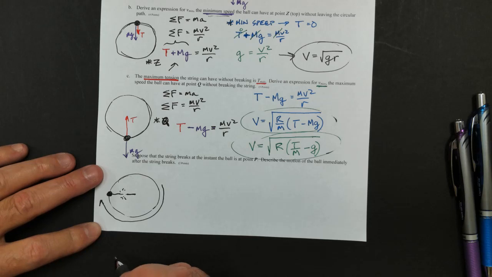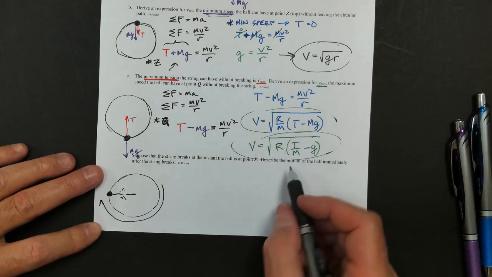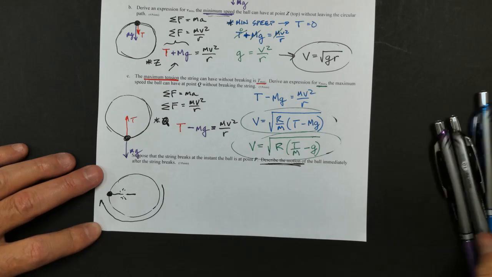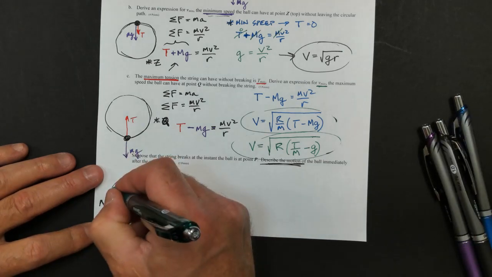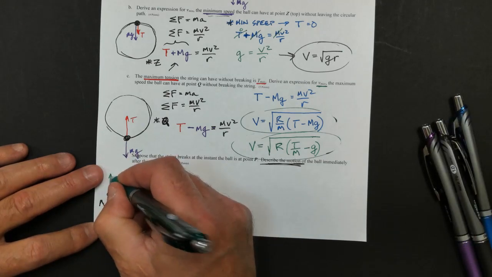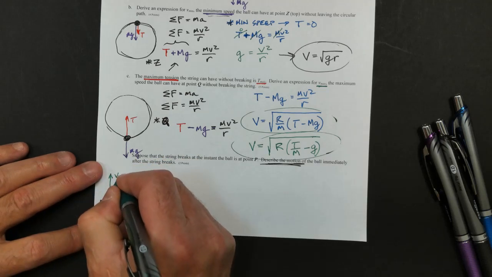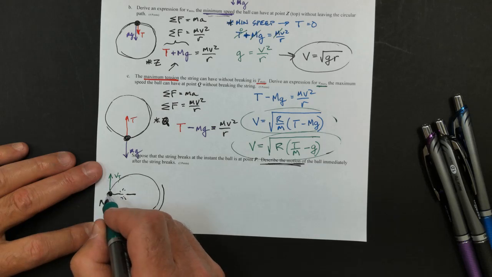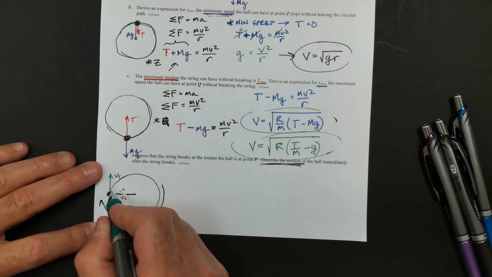Well, you have to think about what the motion of the ball is at that point. The motion of the ball at that point is straight up, tangent to the circle. In fact, the velocity of the ball at any given time is tangent to the circle. So if the ball is released here, it has an initial vertical velocity straight up. How do we know that?